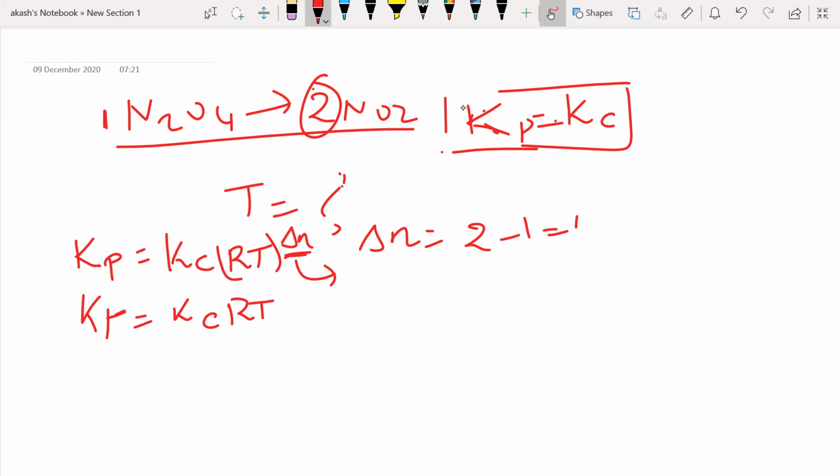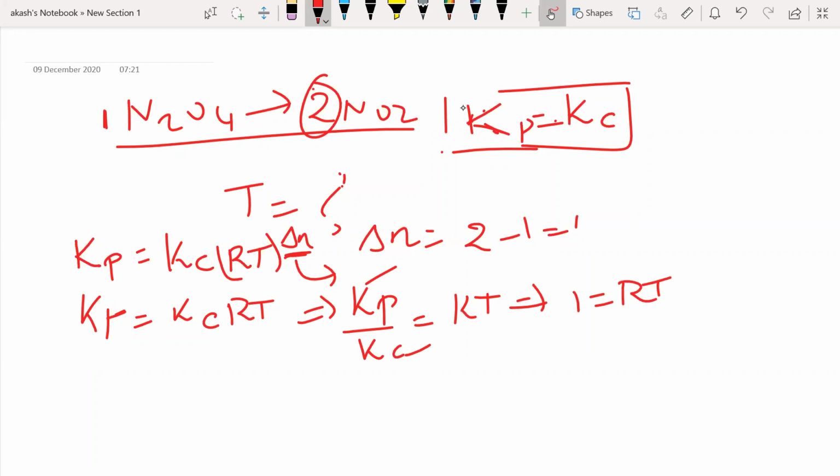Now Kp and Kc are given to be equal, so I can write Kp by Kc is equal to RT. Now Kp and Kc are the same, so 1 is equal to RT. So temperature is going to become 1 by R. That's it.